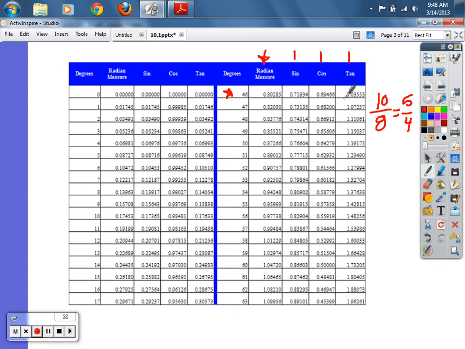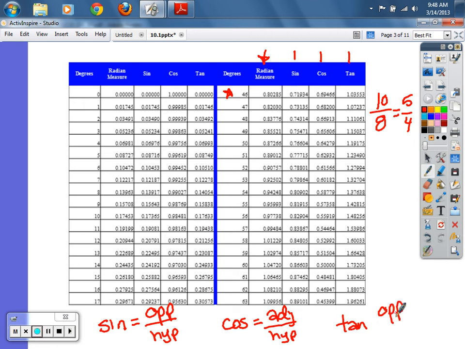Cosine is another ratio, and tangent is another ratio. So what are these ratios that I'm talking about? Well, sine, and we're going to write this on the next page. Sine is opposite over hypotenuse. Cosine is adjacent over hypotenuse. And tangent is opposite over adjacent. Okay?